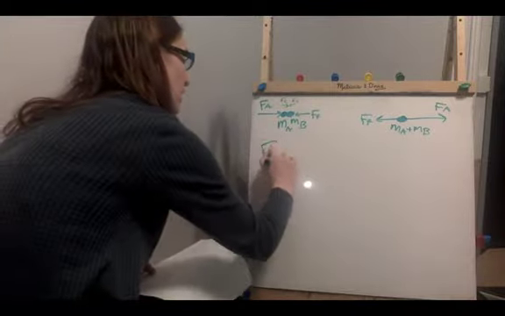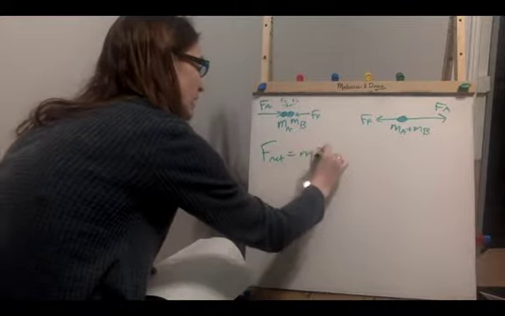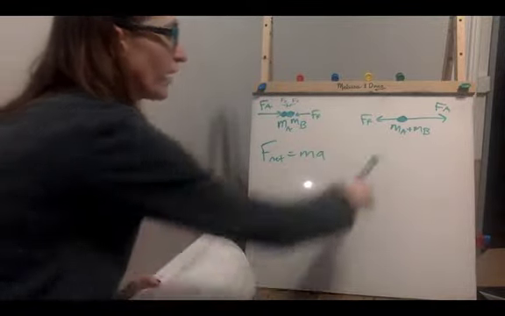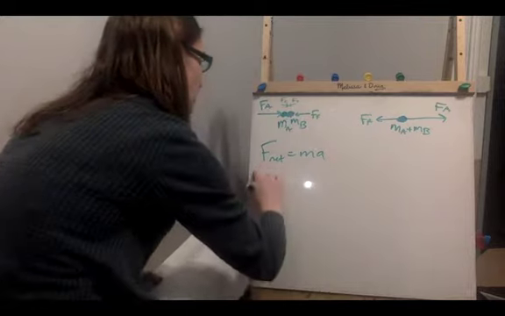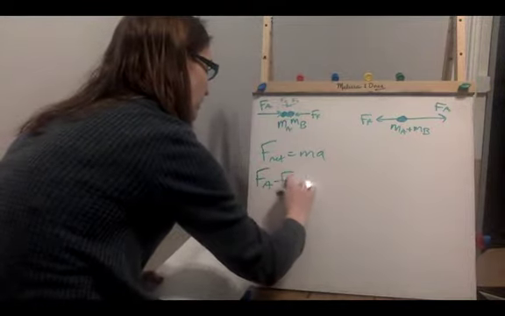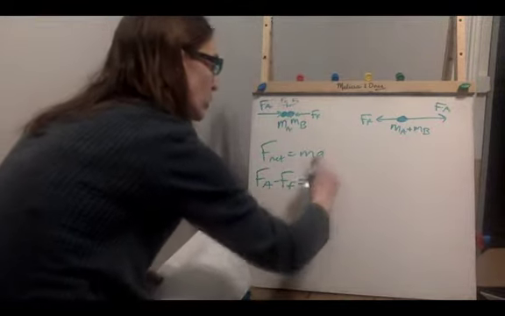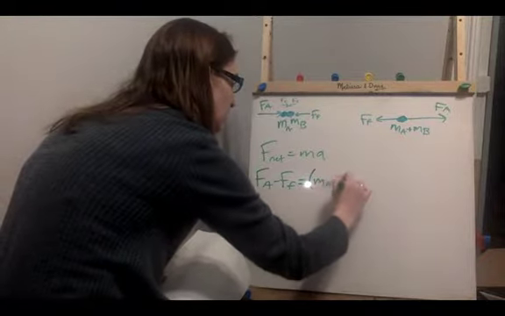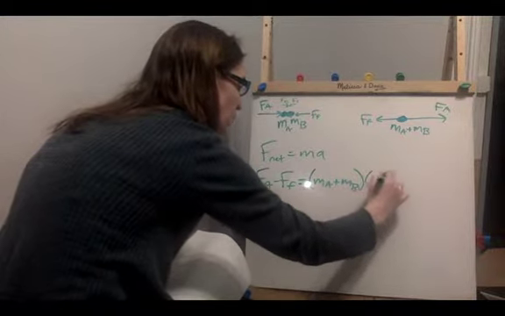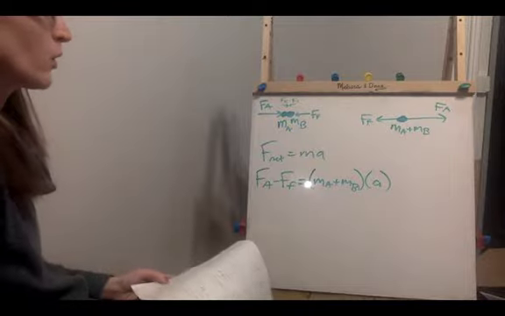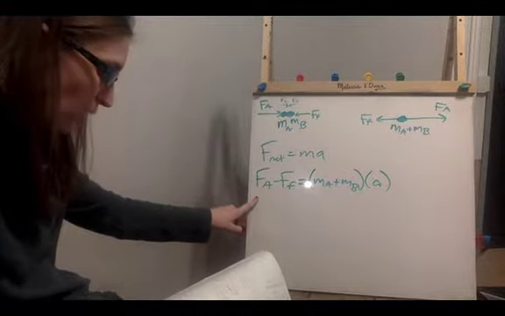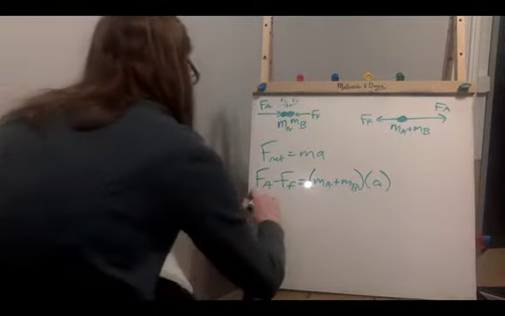And again, if we're looking for the acceleration, F net is equal to mass times acceleration. Now our F net in this system is our applied force minus our force of friction, which is equal to the mass of the system, the two masses, multiplied by the acceleration of the system, okay? Our applied force was given to us as 45 newtons.